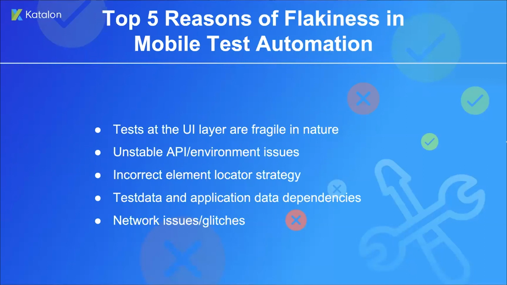Incorrect element locator strategies can cause false positives, which can produce errors in a log that are irrelevant to the problem at hand. And so it's going to cost a lot of time and effort, even more so than a regular flaky test. We also have test data and application data dependencies.